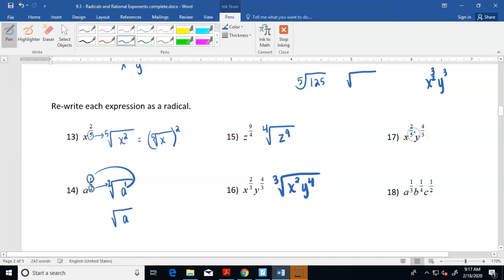So to make this 15, I'd have to multiply by 3 on the top and bottom here, and I'd have to multiply by 5 on the other one. Right, so I have x to the 6 over 15 and y to the 20 over 15. And then I could write that as the 15th root of x to the 6th, y to the 20th.